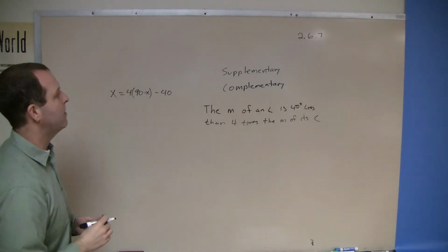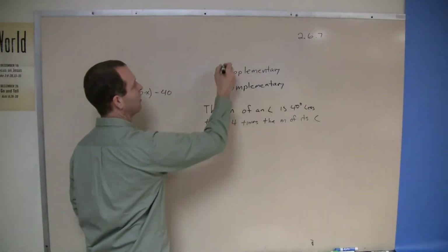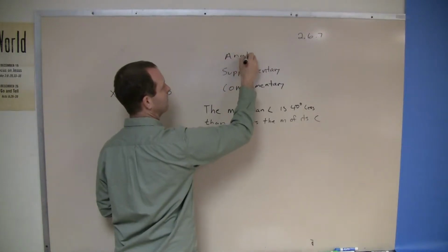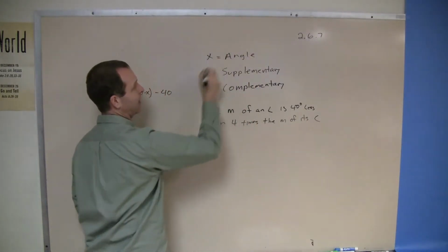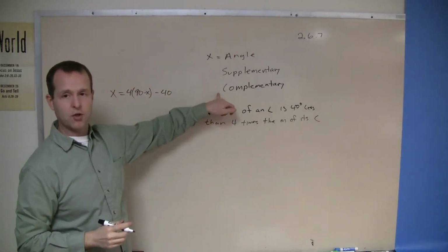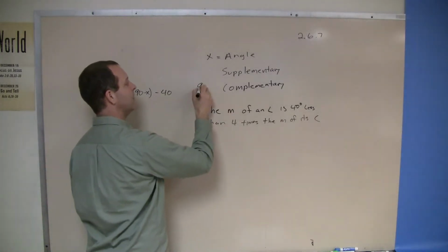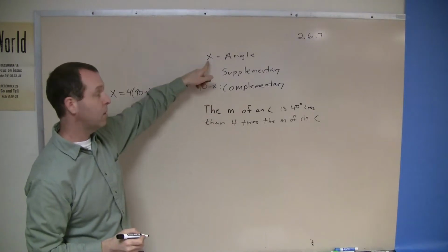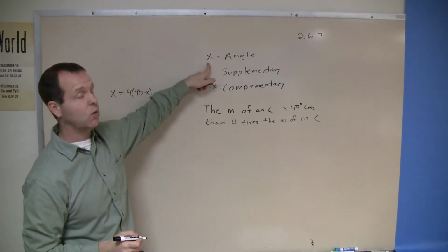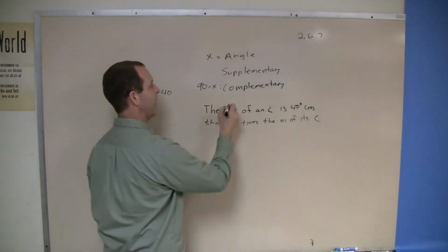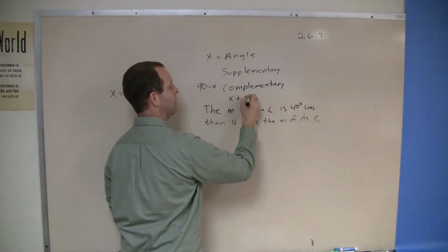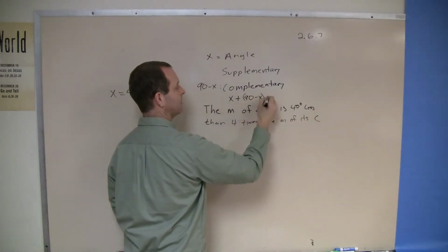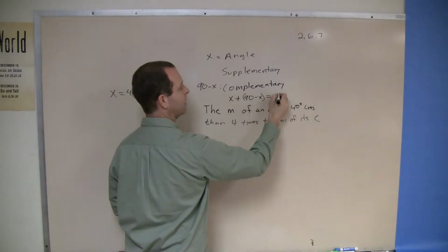Let me back up a little bit and help you understand that. If I have some angle, and that angle is x, its complement would have to be 90 minus x, because if I were to add this plus this together, it has to equal 90 degrees. And is that the case? x plus 90 minus x equals 90.